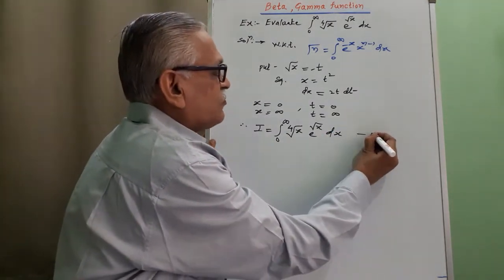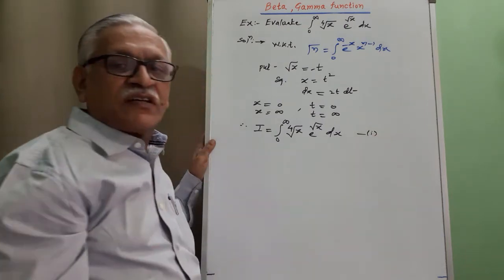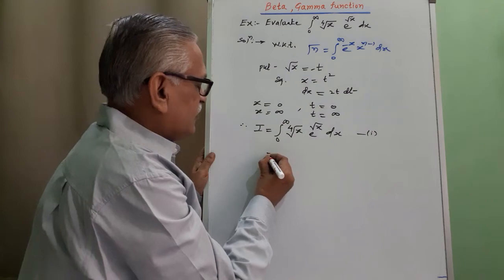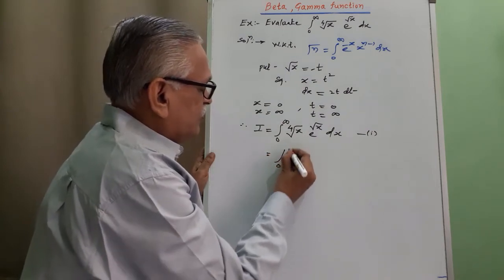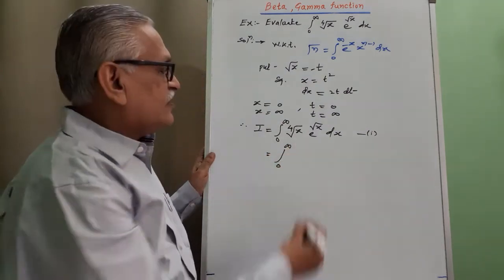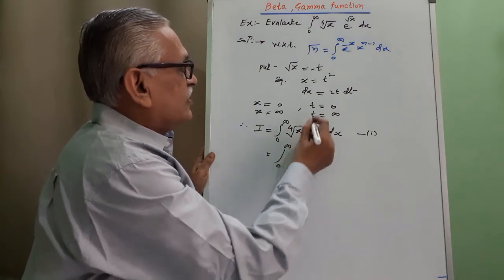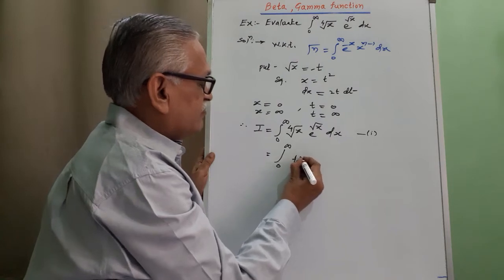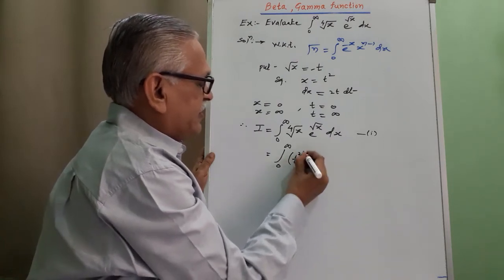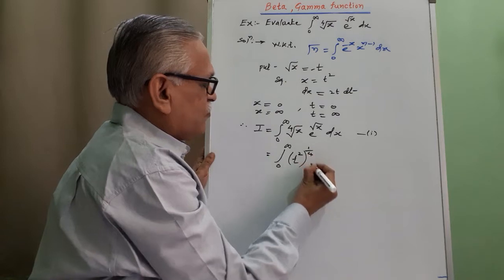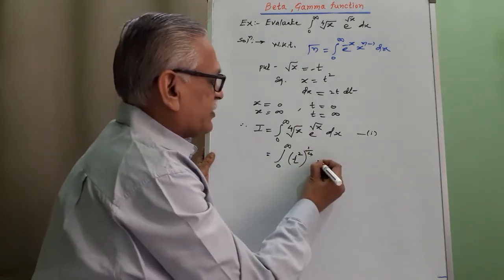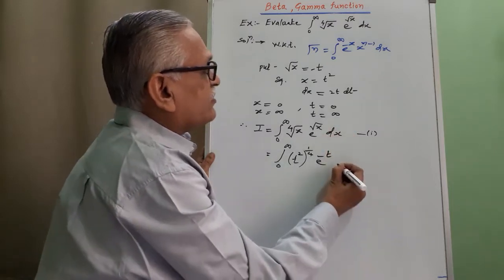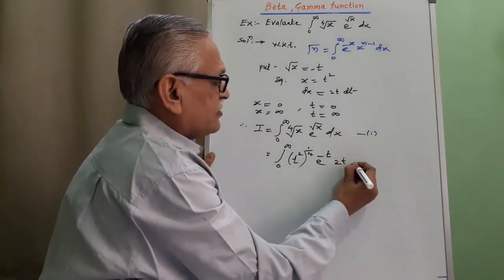If we call this equation 1, substituting this substitution and the new limits, it is 0 to infinity, fourth root of x, x is t square and its fourth root is t raised to 1 by 2, e raised to root x is e raised to minus t, and the value of dx is 2t dt.